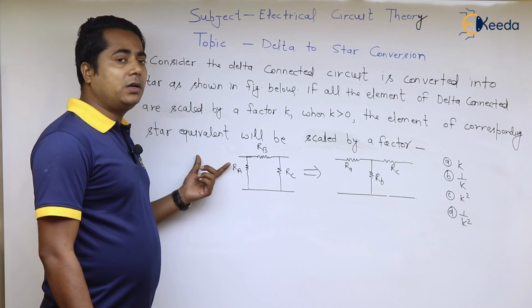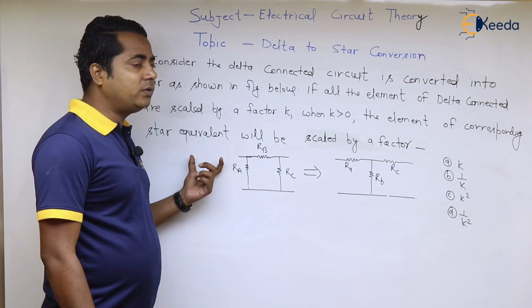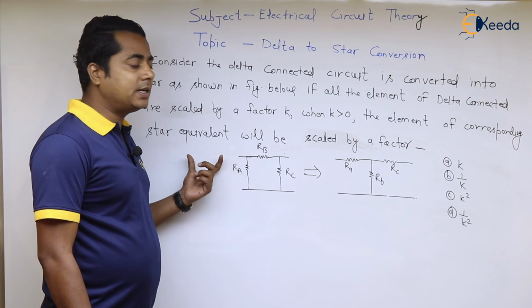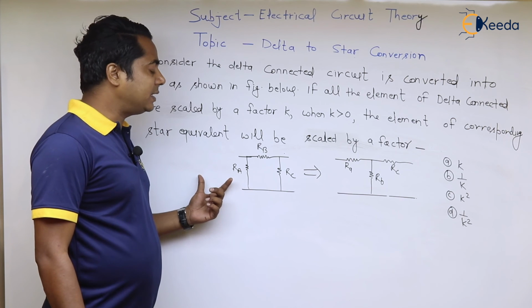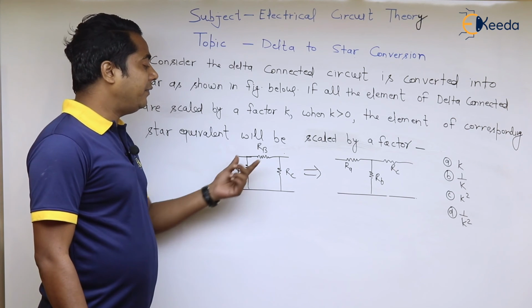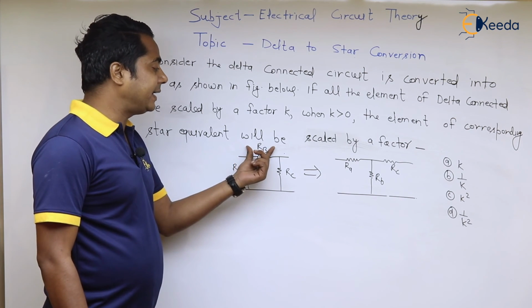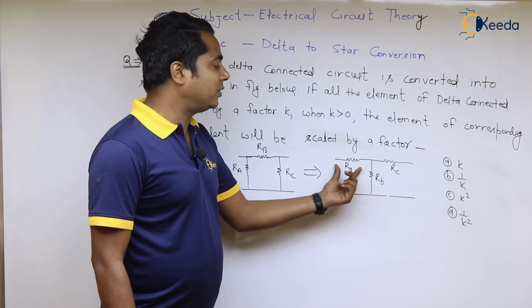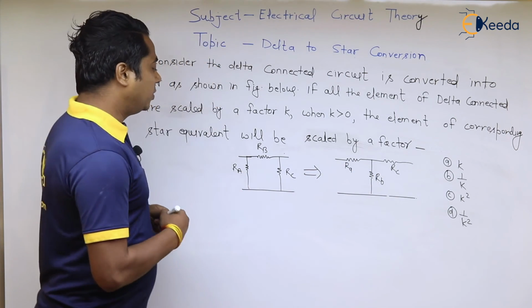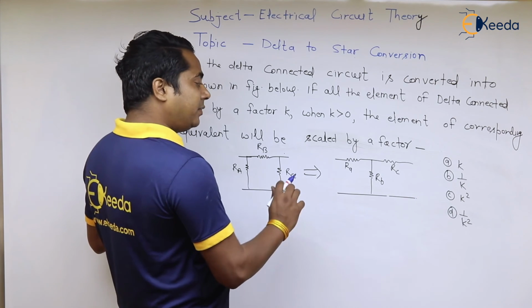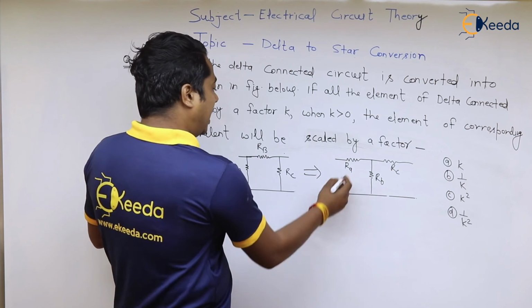So, before solving this question, we have to understand what the question is asking. The question is asking, if we multiply by k times here, then what will be the effect on these three values? So, we know first the conversion. What will be the value of RA?